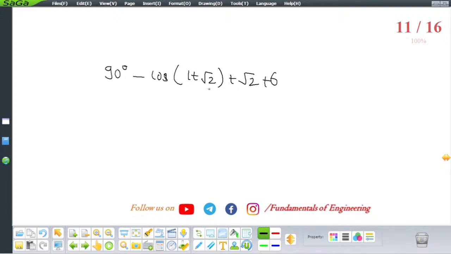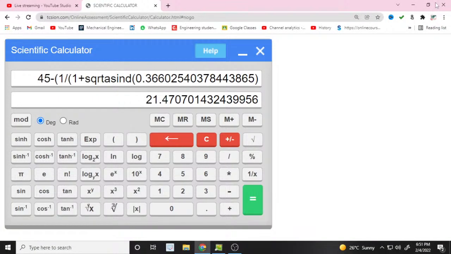If you save the answer of root 2 in the memory, consider it x, and use that value in the function, then we are getting the equation 90 degree minus cos 1 plus x plus 6. So we have to find out the value of x and store it into the memory, and then we will get the answer. So how to do that?